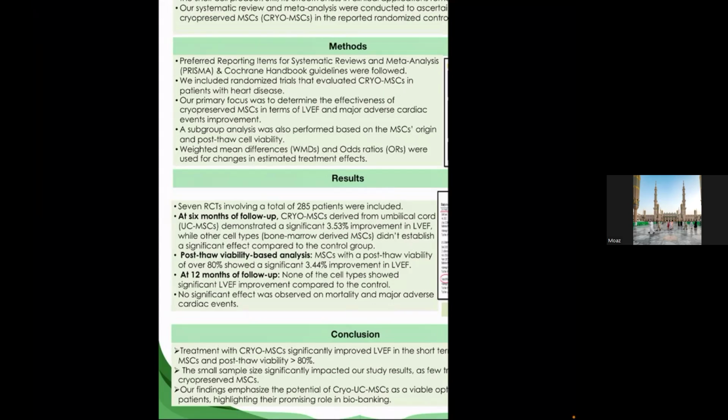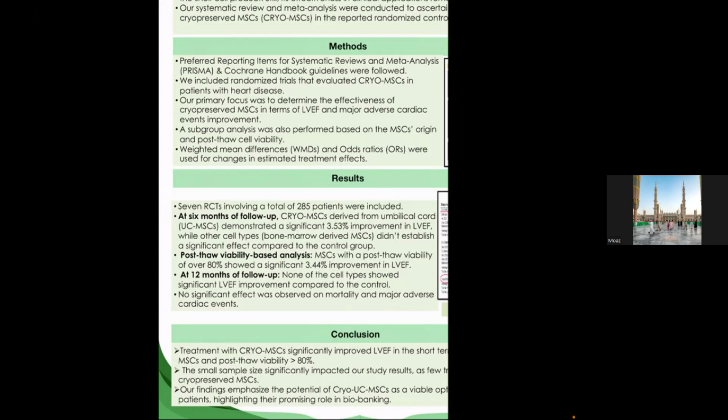These improvements were observed at 6 months with, as I mentioned, umbilical cord cells and cells with post-thaw viability more than 80%. When analyzing the long-term effect of the treatment, specifically at 12 months of follow-up, we found that none of the cell types showed a significant left ventricular ejection fraction improvement compared to the control, and even cells with over 80% post-thaw viability did not show any significant effect.